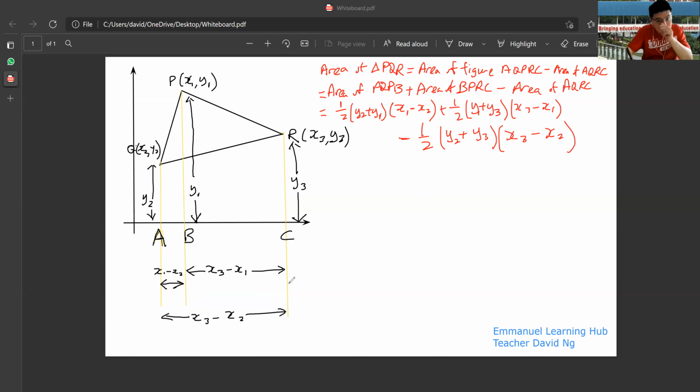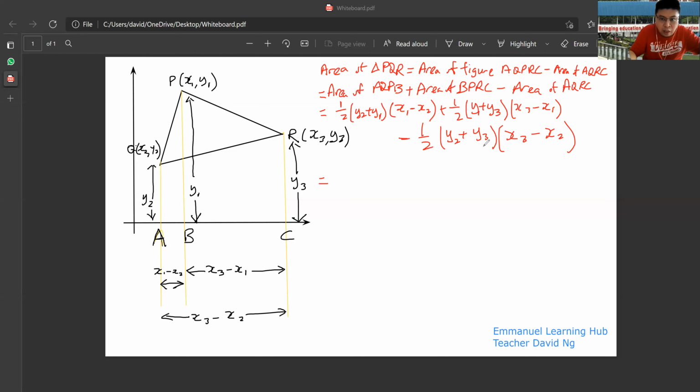Understand how I get this? You can check: AQPB will be half a plus b times h. Then the other one is BPRC, which will be half y1 plus y3 times x3 minus x1.